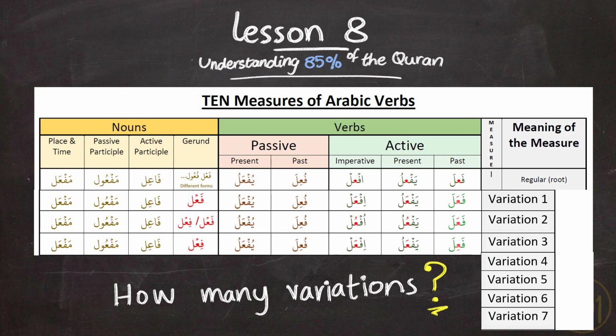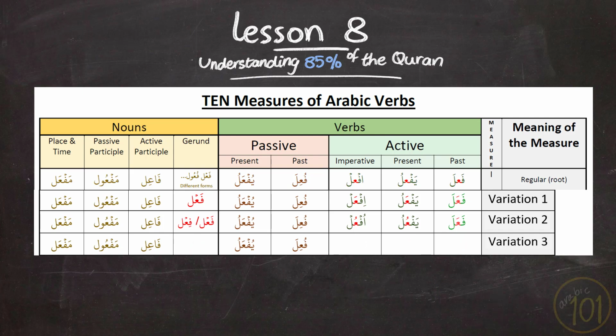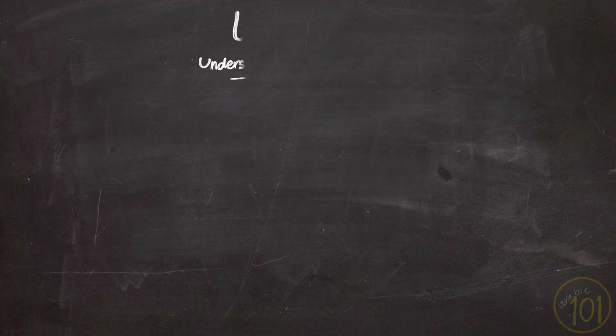But I did my best to cluster the closest verbs together so that it would be easier for you to study them in groups and remember them together. And today, we will learn the first variation, variation number 1. So let's get started.